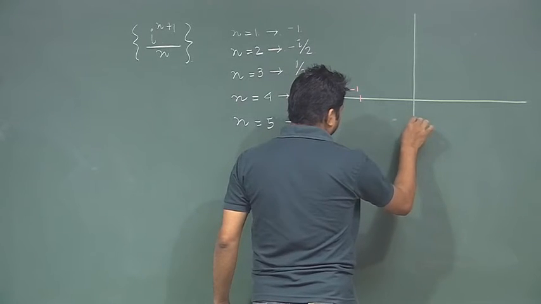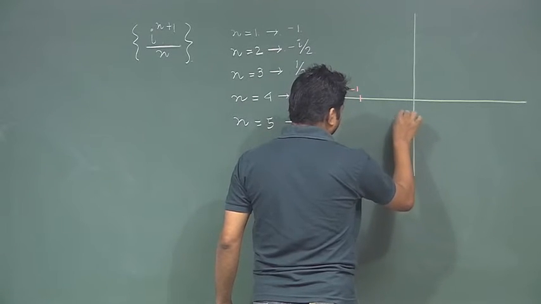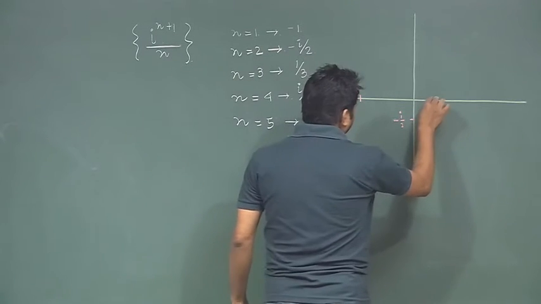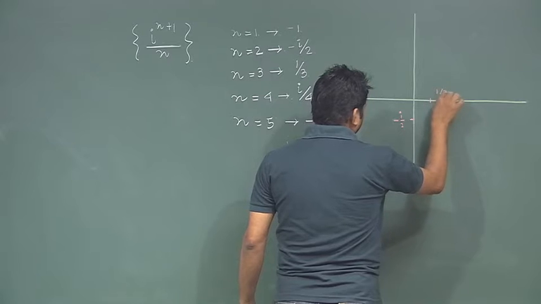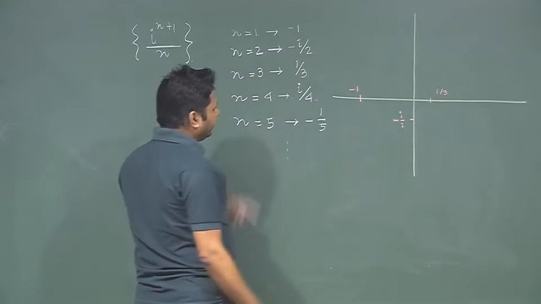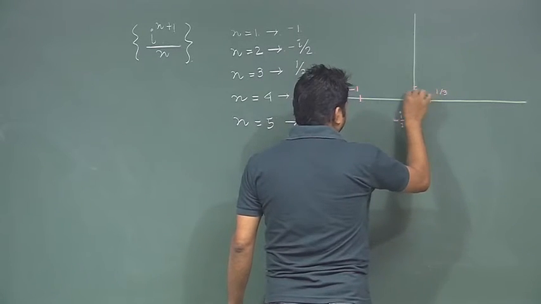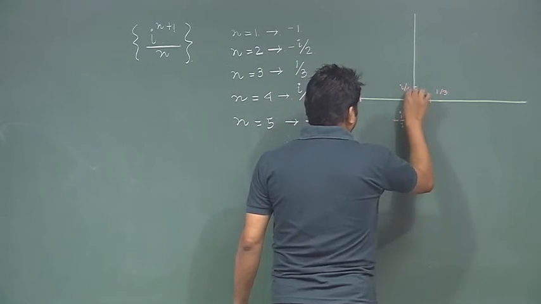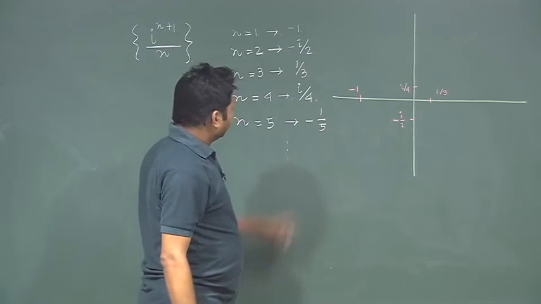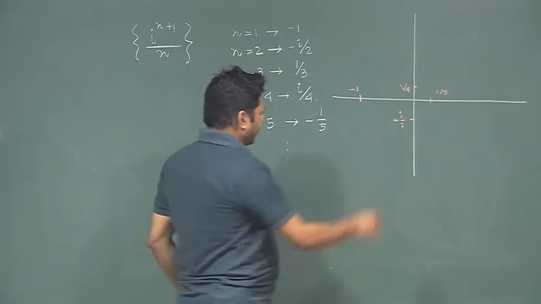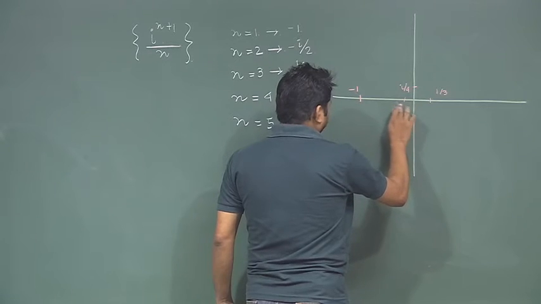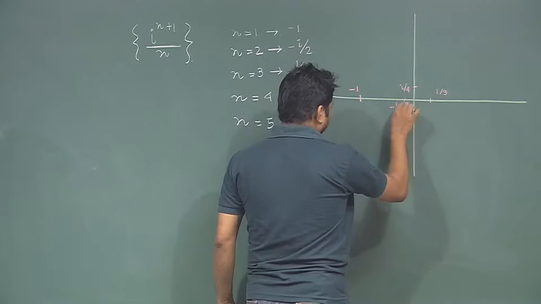Third point is 1 by 3, somewhere here. Fourth point is i by 4, somewhere here. Fifth point is minus i by 5, so somewhere here, and so on.